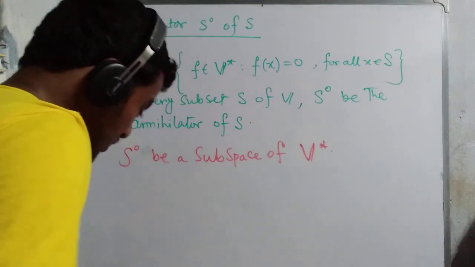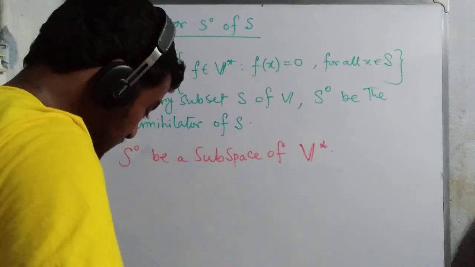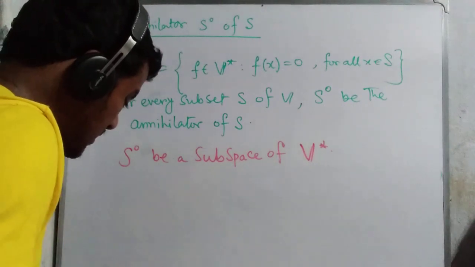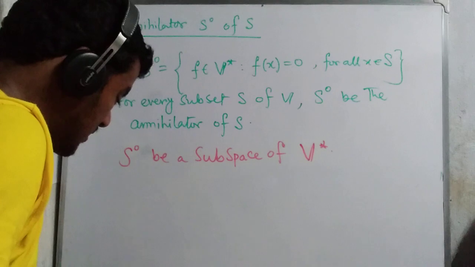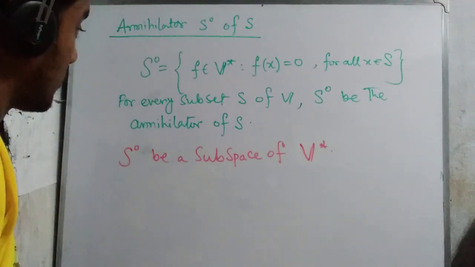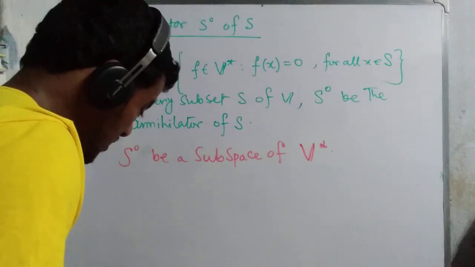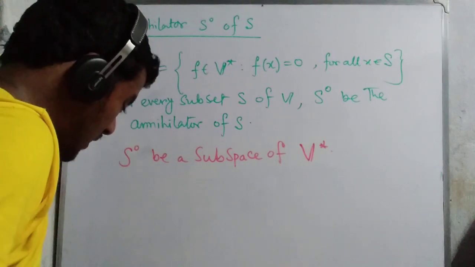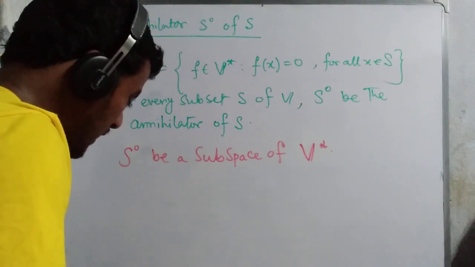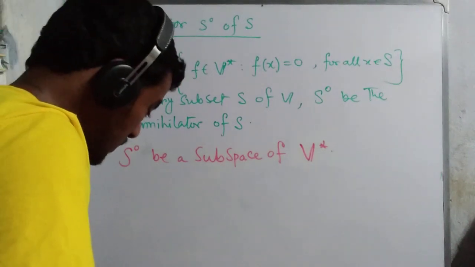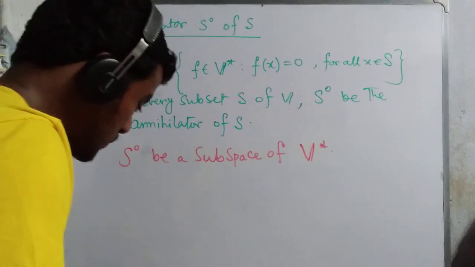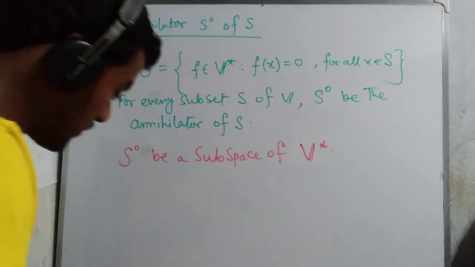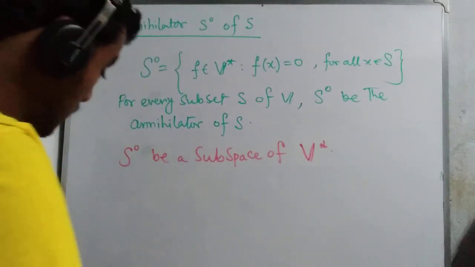And again we also discussed that if W is a subspace of V and x does not belong to W, then there exists f belonging to W naught, the annihilator of W, such that f(x) not equal to 0.